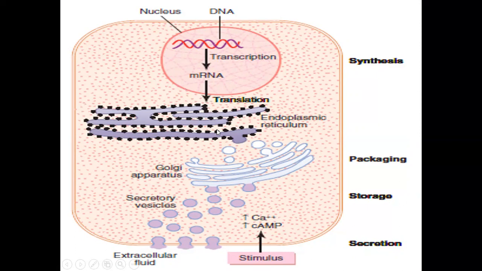In other words, what I'm trying to point out is that synthesis of these peptide and protein hormones happens in the endoplasmic reticulum. Initially they are synthesized as a large molecule without any biological effect. These large molecules are what we call pre-prohormones. So pre-prohormones are synthesized in the endoplasmic reticulum.